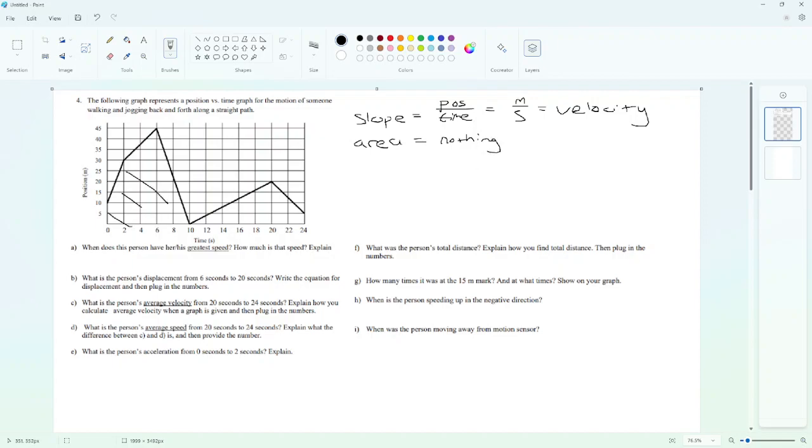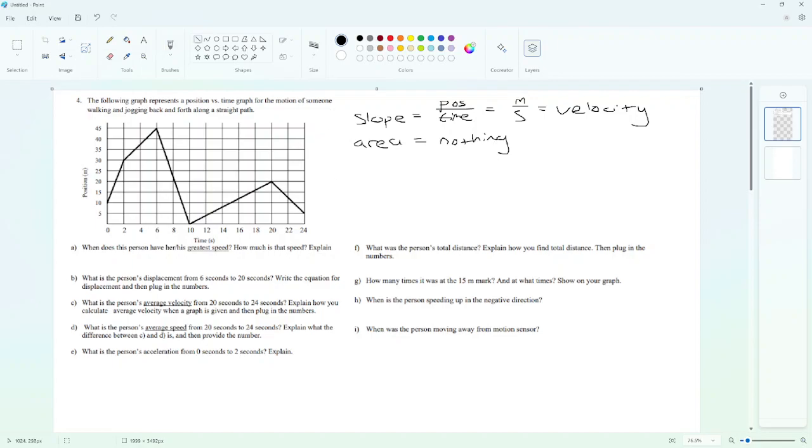This area right here, not exactly sure what it means, but this is the same as multiplying position times time. What does that mean? I'm not sure. How long you were in a specific position? Sure, you can do that if you want to, but the area in this case would be nothing useful.